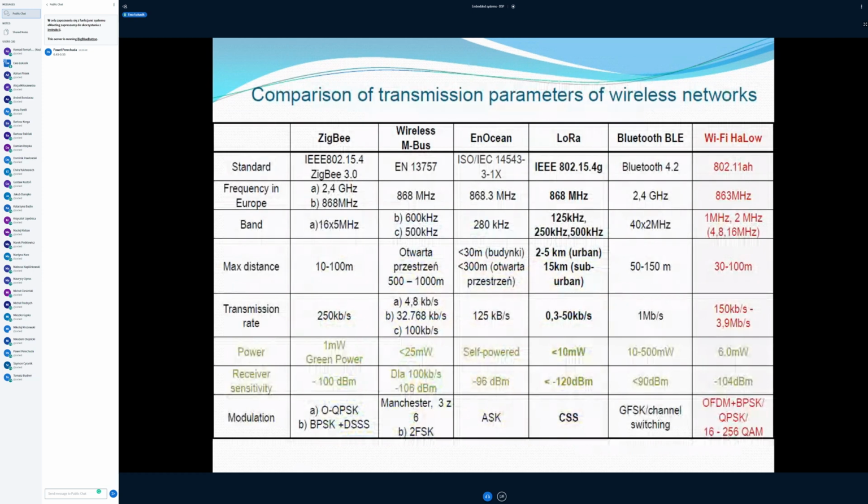And at the end, I would like to come back down to Earth with a small table where you can see the comparison of transmission parameters of various wireless networks, of course used mainly for Internet of Things.